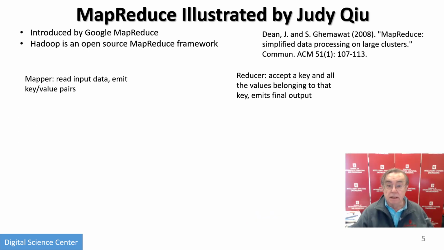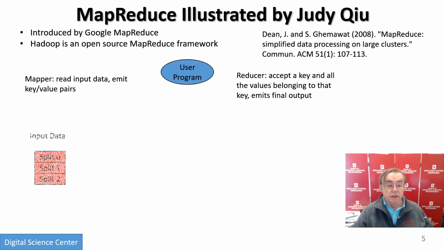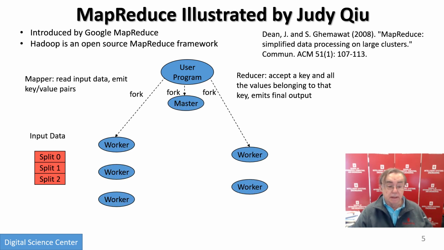All right, here is an example coming from Judy Qiu, who taught cloud computing for many years with great success, and here's an illustration of its operation. So you have a program which has input data, which is split into parts, one per processor, or one per process, or thread, and those go to workers.